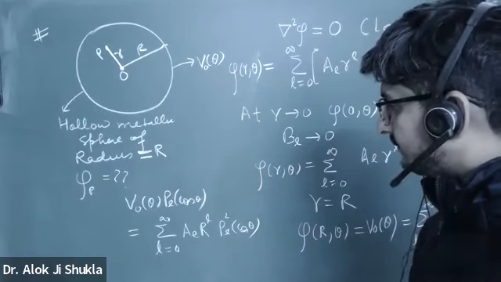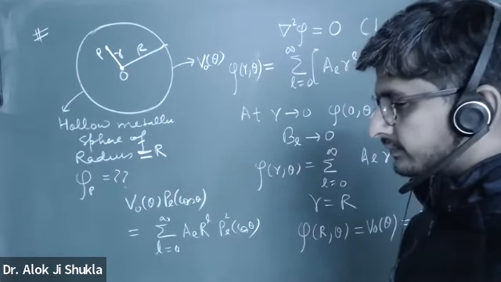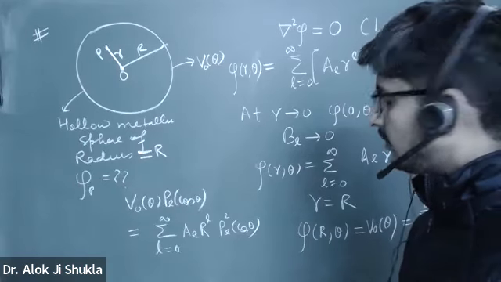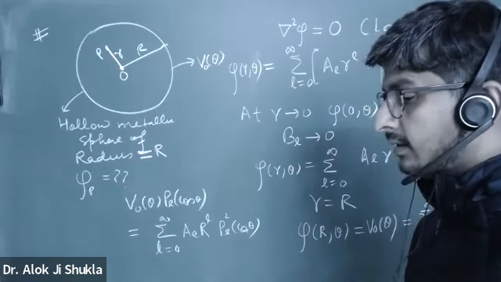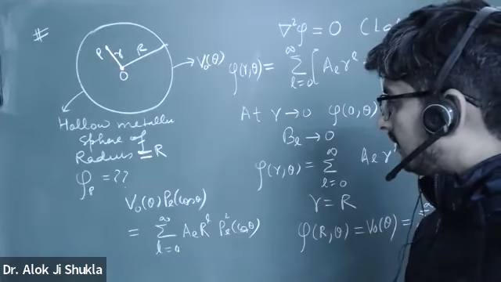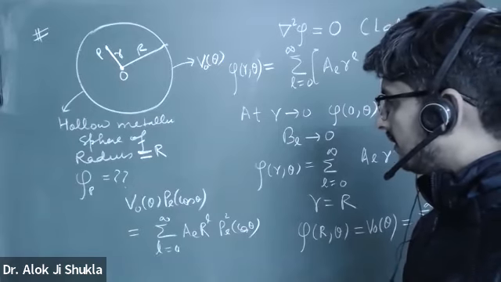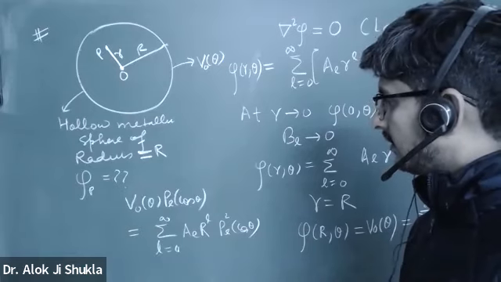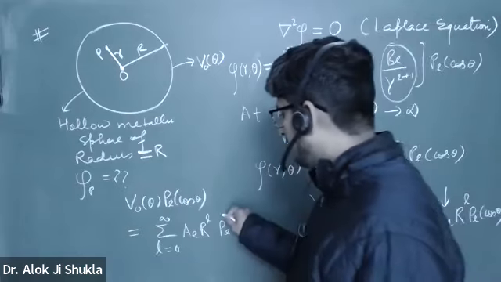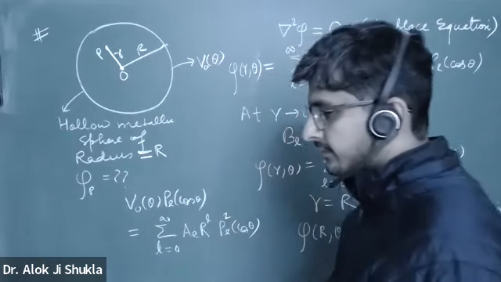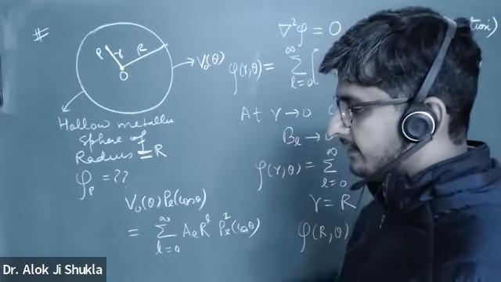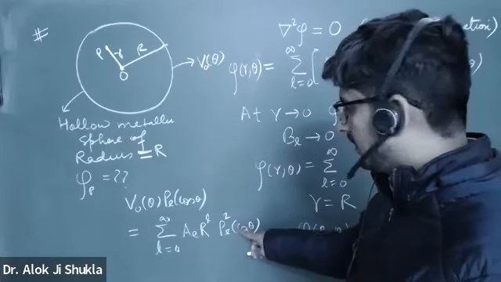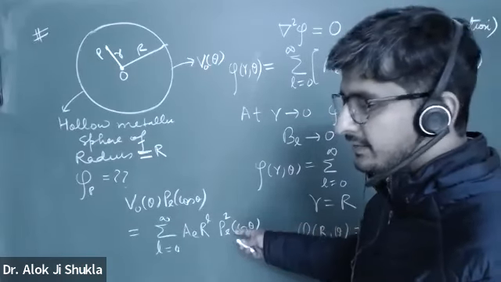Understood? Sir, after integration, P_L square cos square theta vanishes. No, why? Now we have seen that we get A_L after integration. Why would P_L square not vanish? This will get a fixed value.